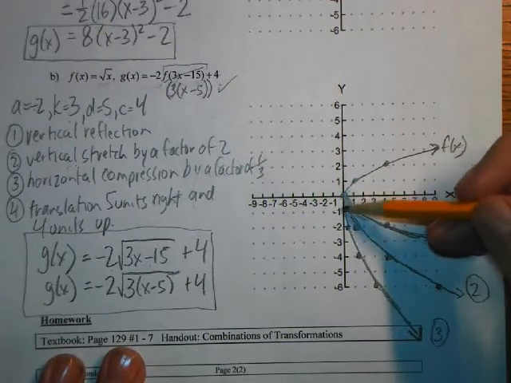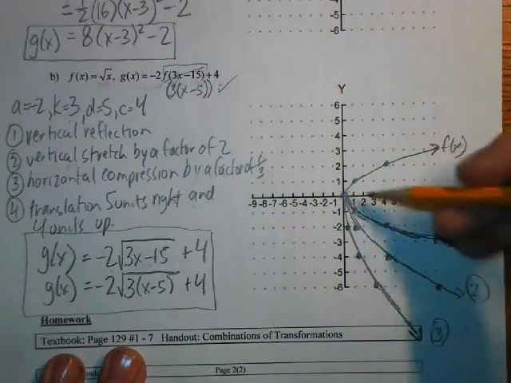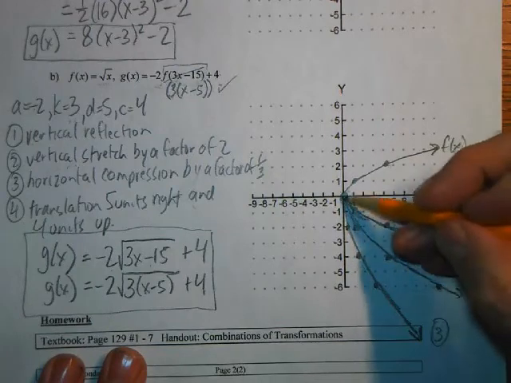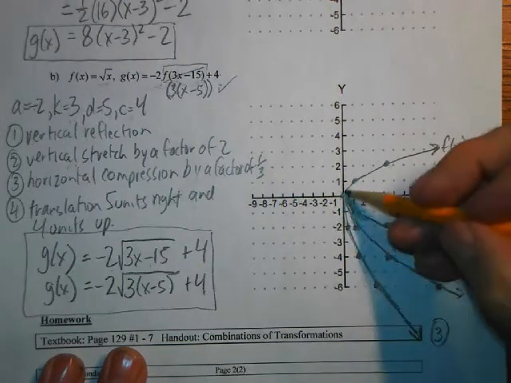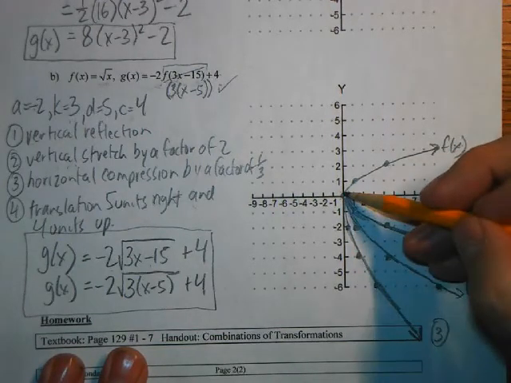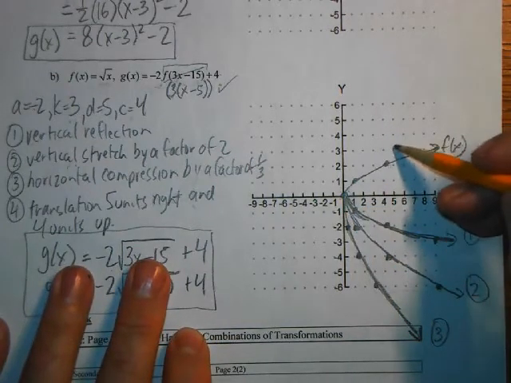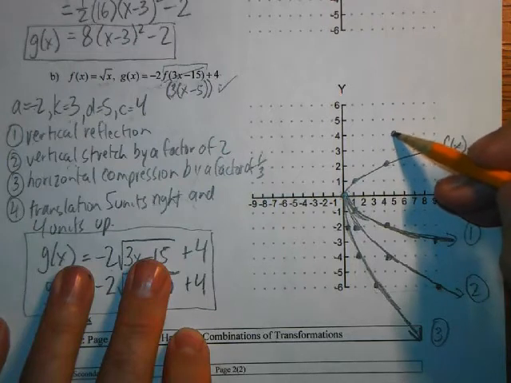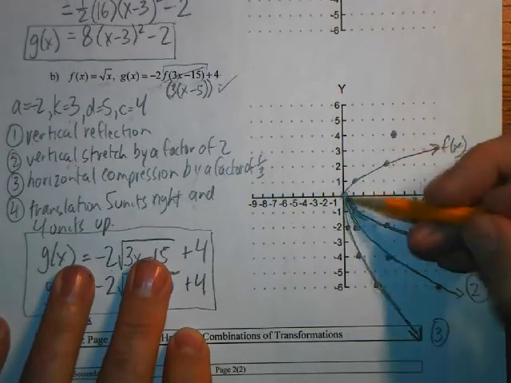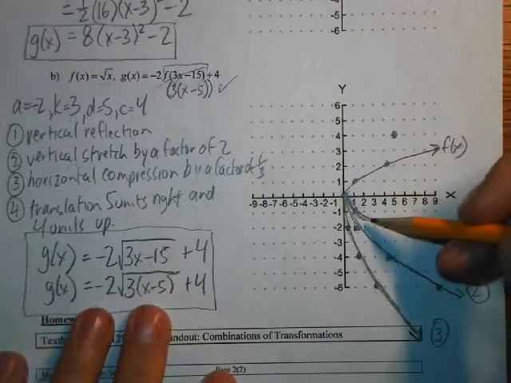So that point at (0, 0), which is our endpoint at just about every one of these, but we're looking at this curve right now, goes 5 to the right, and then 4 up. So all of a sudden our graph is now shifting from there to there.